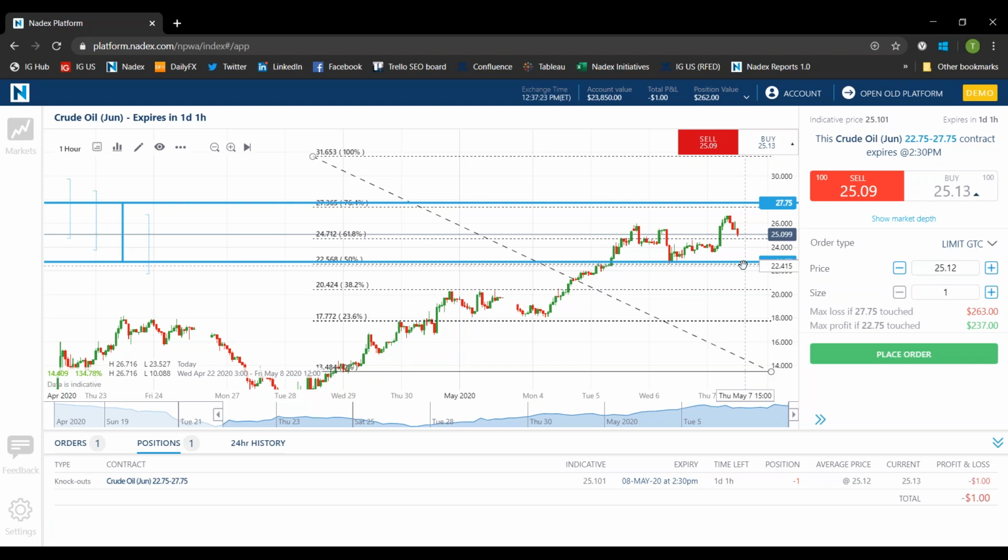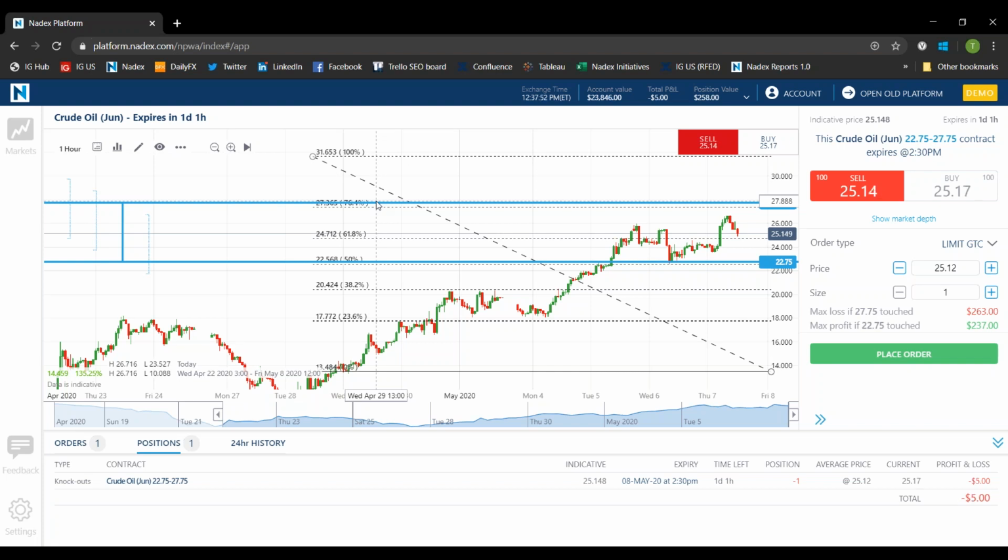This is a great way for you to potentially take a directional play on the price of oil in a very defined risk-reward environment. All right, the other thing I wanted to get into today is, we mentioned I was going to do knockouts and binaries, but when we're talking about oil, I think knockouts is a great, easy, intuitive way for you to have limits around your prediction, your speculation.